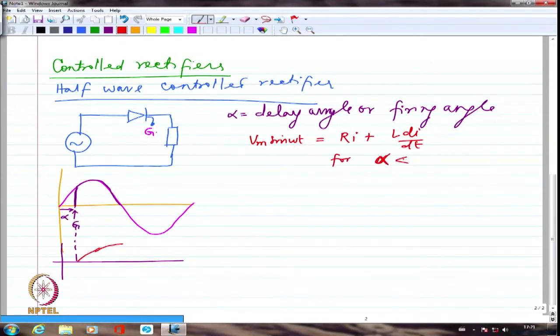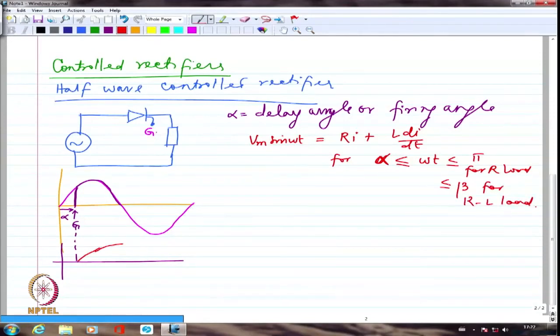Originally we wrote 0 for the diode, but now I am going to start from alpha until pi, depending upon whether it is R load. If it is RL load, I may have beyond pi also, right? So this is going to be until the conduction takes place, maybe pi for R load, maybe until beta for RL load.